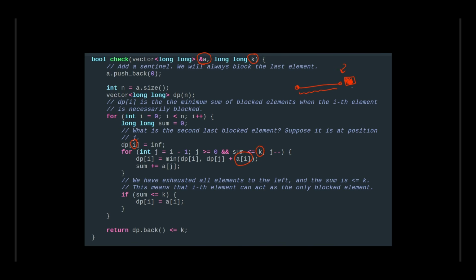And if this sum is less than or equal to k, then it means that you have to begin one red element over here, and then you can find out the last element.